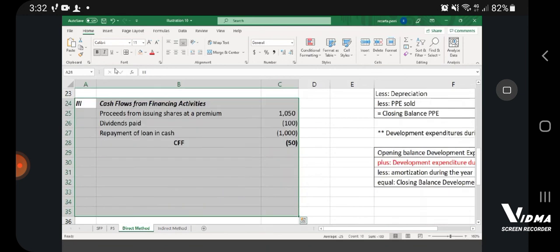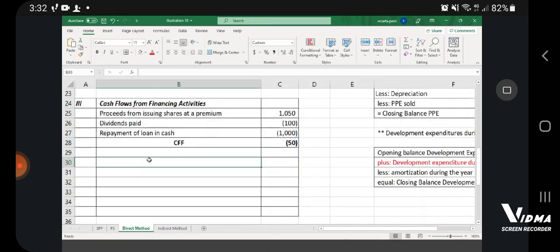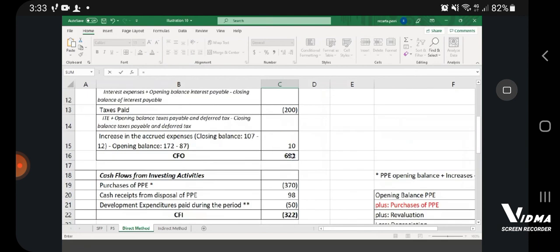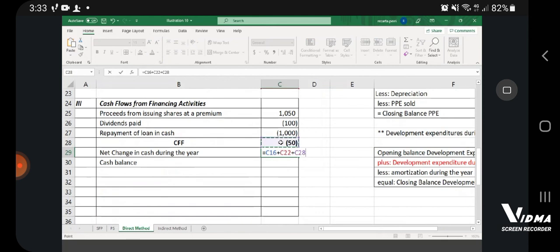Okay, let's continue with the last items of this statement. Cash opening balance, net change in cash during the year. The net change in cash will be equal to the sum of cash flows from operating activities, cash flows from investing activities, and cash flows from financing activities.